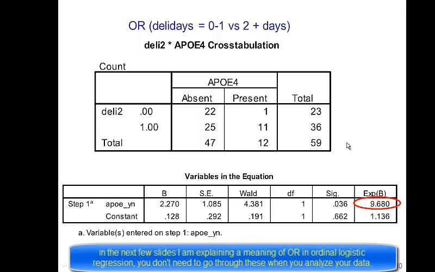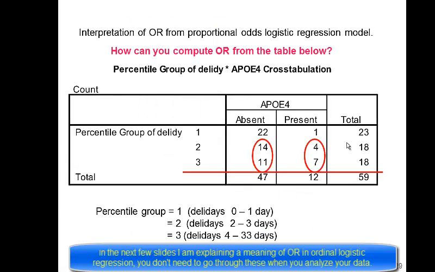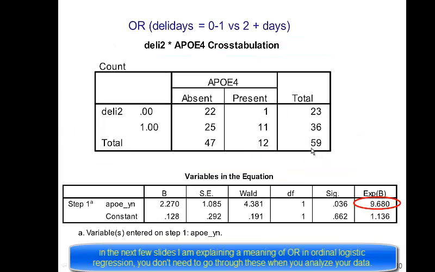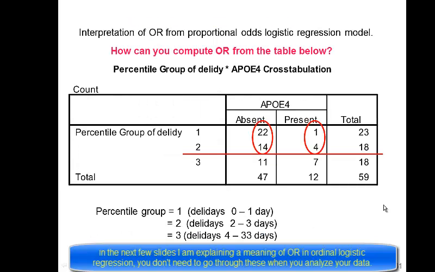After we combine 2 and 3, this becomes 25, this becomes 11. This gives a new 2 by 2 table, and when we compute the odds ratio based on it, that is 9.68. Let's do the same thing, and here we collapse 1 and 2 together.